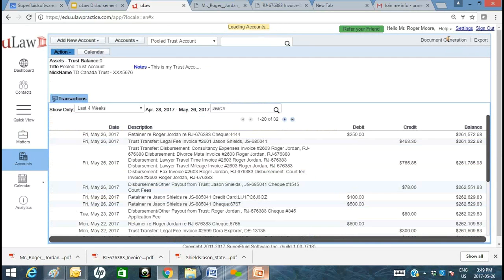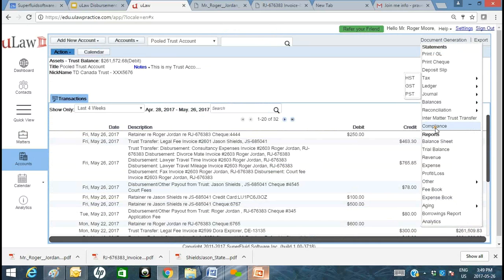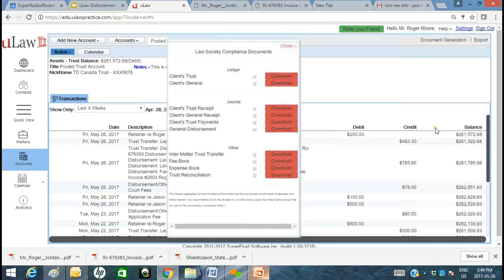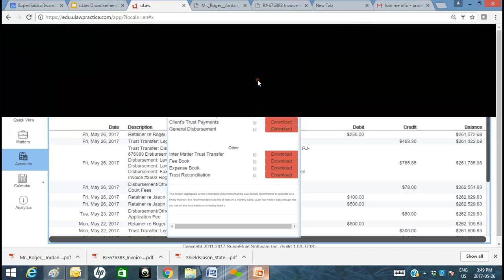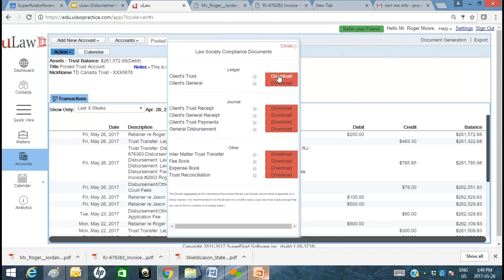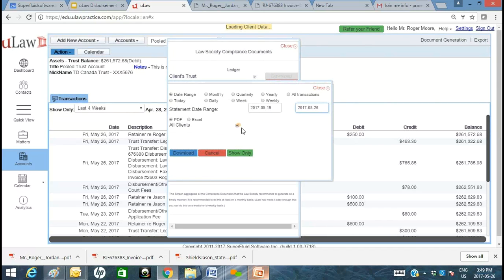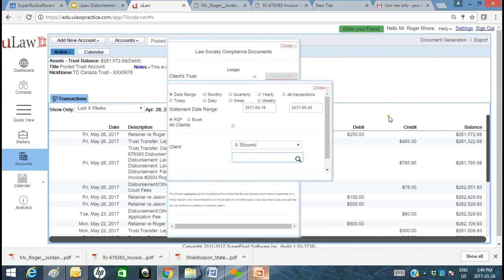Let me go to document generation, compliance, client's trust ledger. So the two ledgers, the trust and general, we've got the trust, general payments, and general disbursement journals. So let's go ahead and do the client's trust ledger, specifically for the purposes of this demonstration for Mr. Roger Jordan.